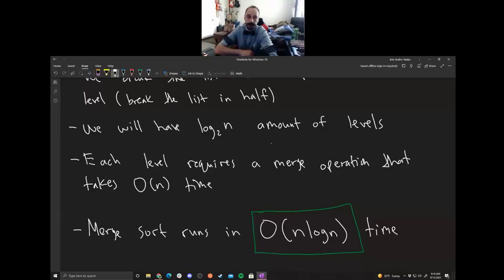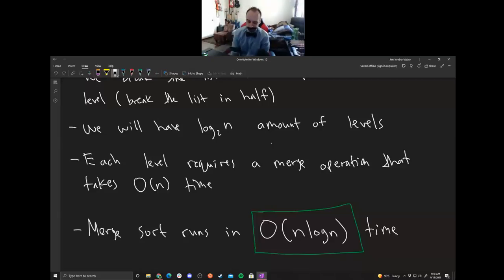It'll always be n log n every single time. So it's very simple to remember: we're doing these merge operations, which are O of n runtime, and we're doing that log n number of times. So O of n log n. That's one of our simpler algorithms, merge sort, and we see it has a better runtime.